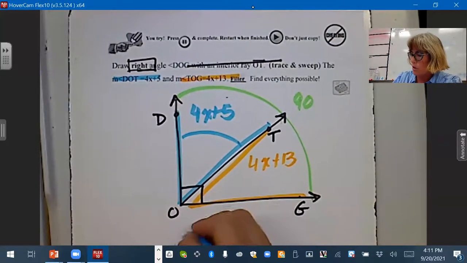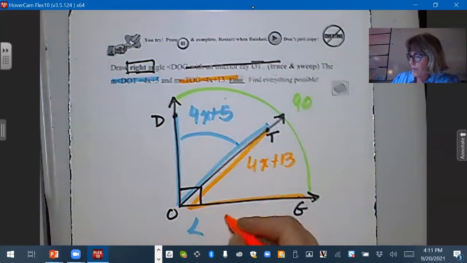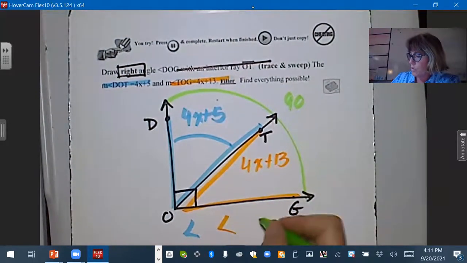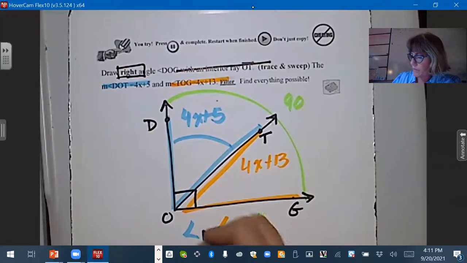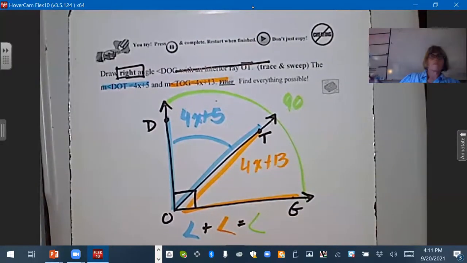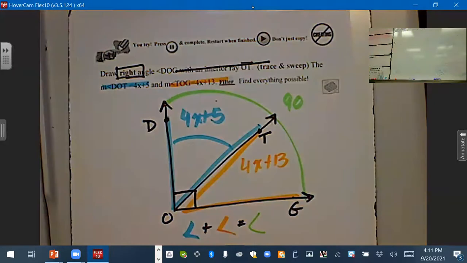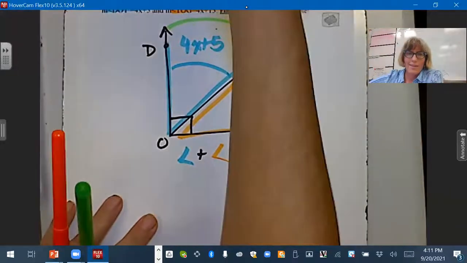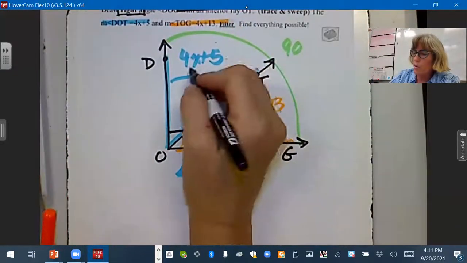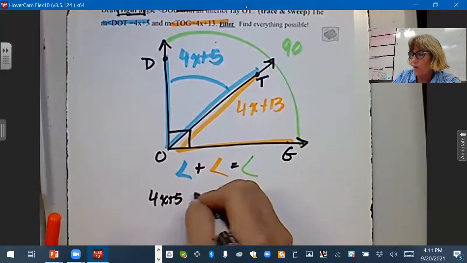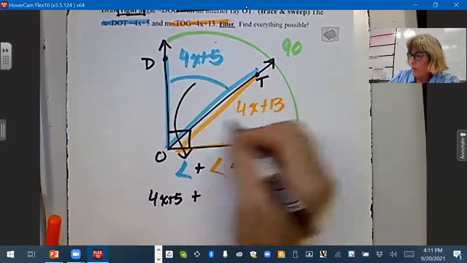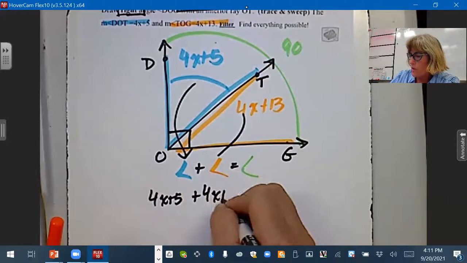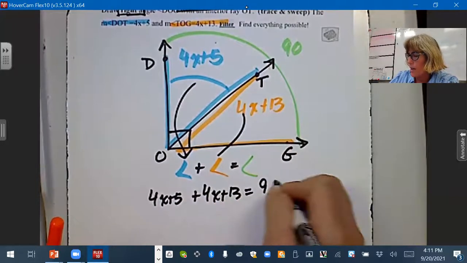So your thing equation is angle plus angle equals the big angle. So here's your thing equation. We have 4x plus 5, right there, plus 4x plus 13 equals 90 degrees. Solve.